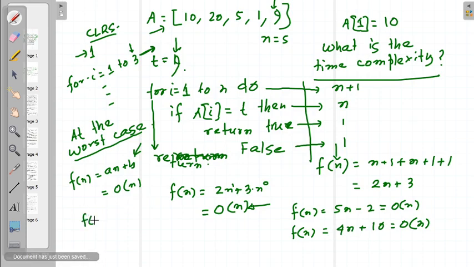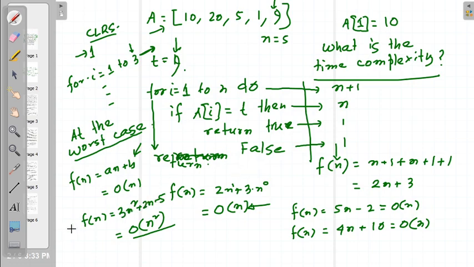It may so happen that for some other algorithms, it might be coming that it is 3n square plus 2n minus 5. So in that case, we write that this is the highest power n square, it is order of n square, right? But it may so happen that f(n) might be 4n square plus 10n minus 20.